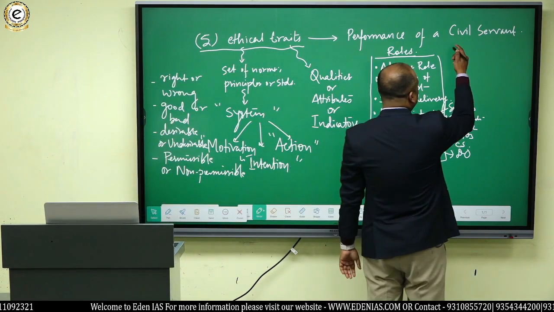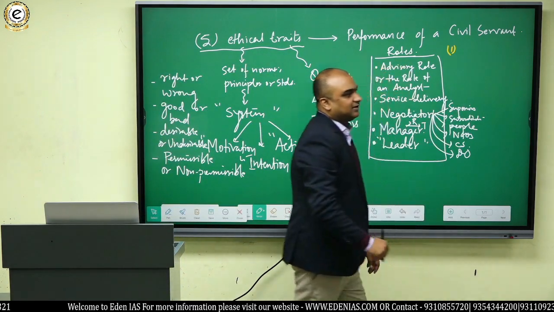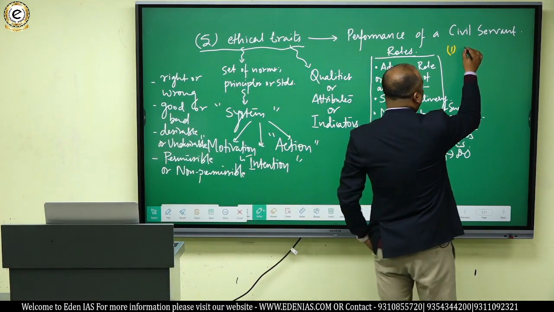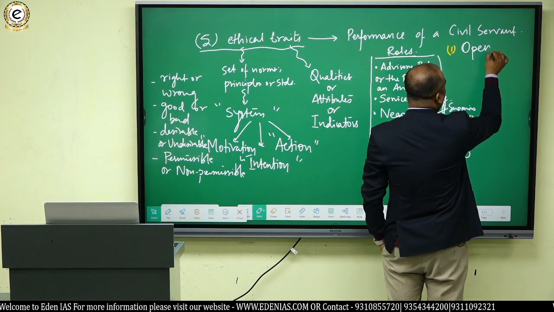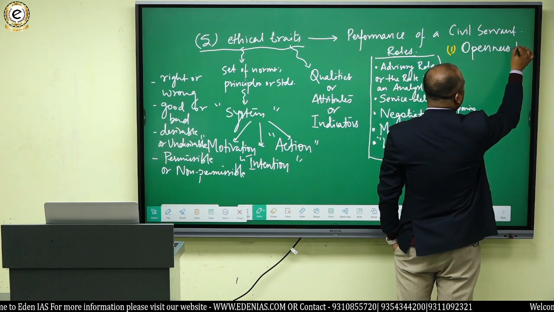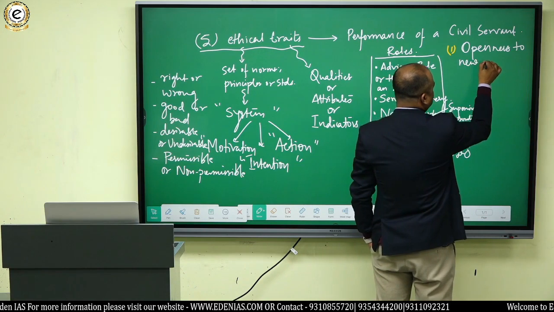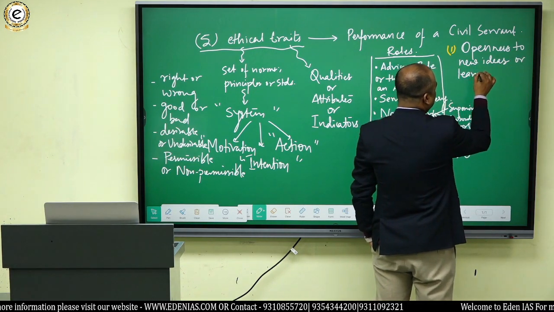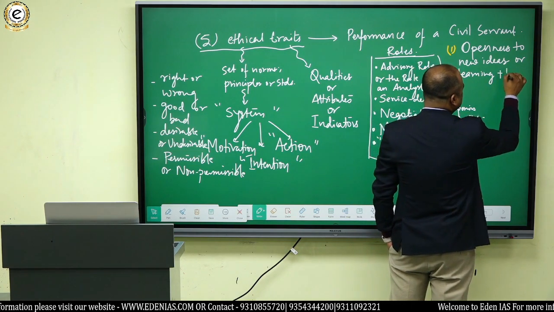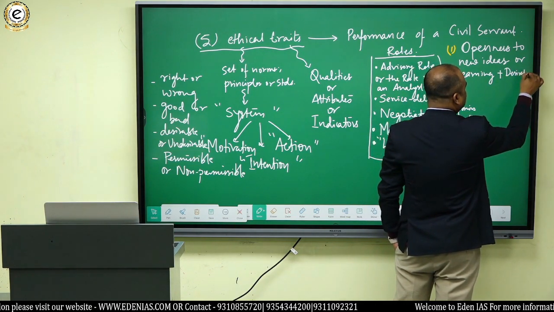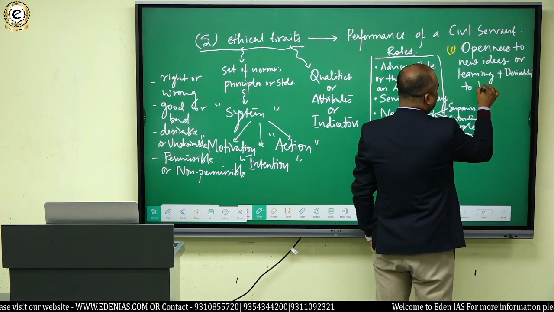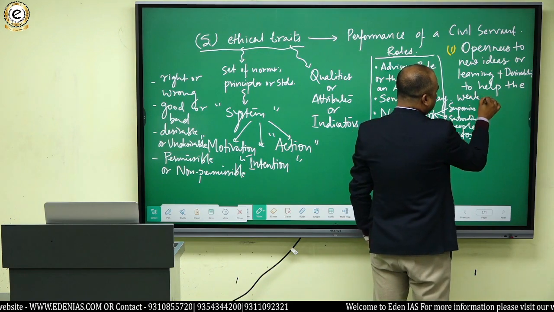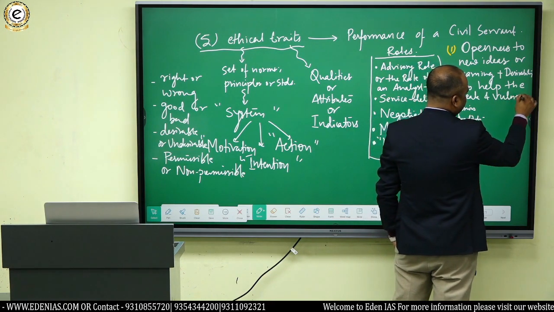The first trait that is required in a civil servant is how open he is, or openness to new ideas or learning, plus the desirability to help the weak and vulnerable.